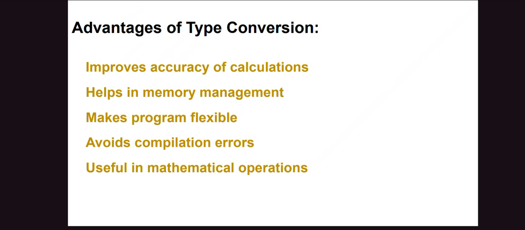It also makes the program flexible. It avoids compilation errors and reduces errors that occur during compile time. It is also useful in mathematical operations like addition, subtraction, multiplication, division, and many more.